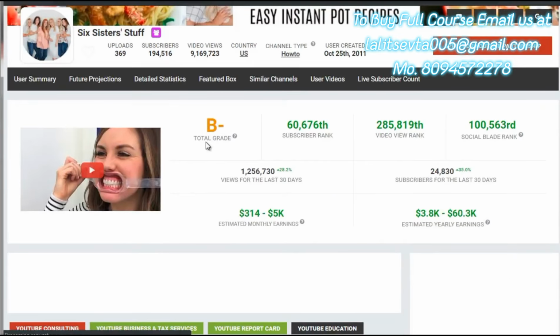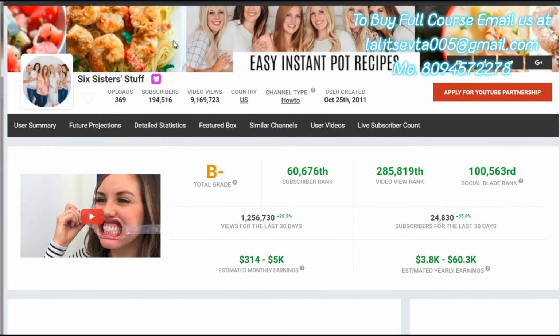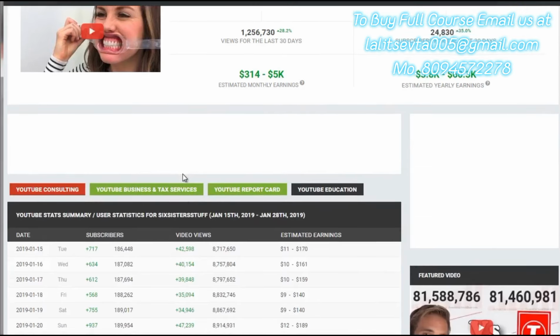So right off the bat, we can see that if we were to rank on the keyword Instant Pot, it's going to take a lot to break through. But the way we can break through is by using subcategories of that keyword, so Instant Pot recipes or Instant Pot chicken recipe, stuff like that. We can see that each one of these has about 100 to 200,000 subscribers, so you're going to have to be competing against that.